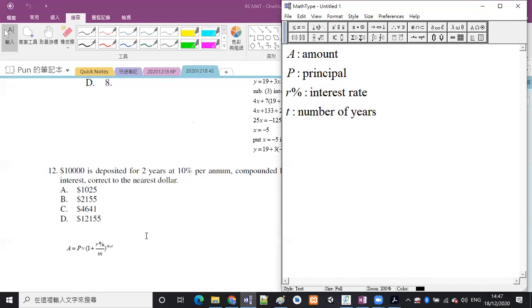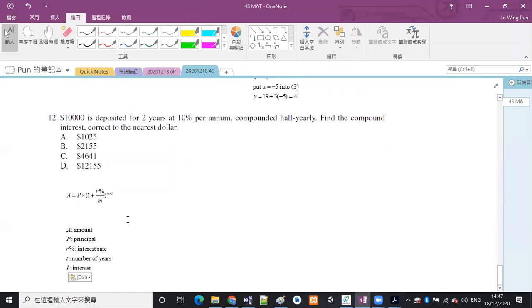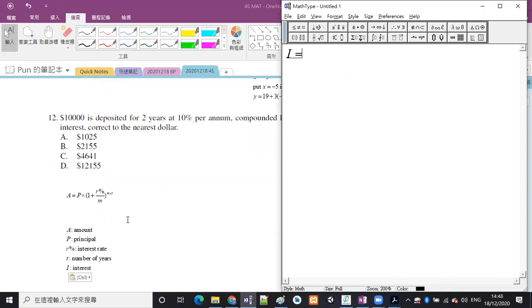Okay. And then we have I. I is the interest. Okay. Where I is equal to A minus P.